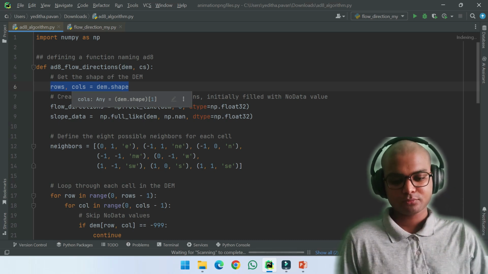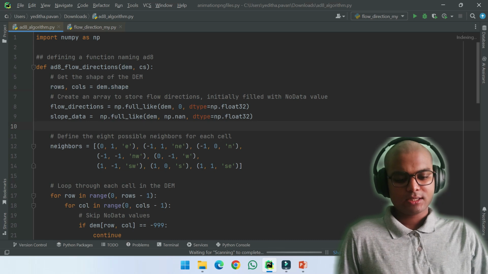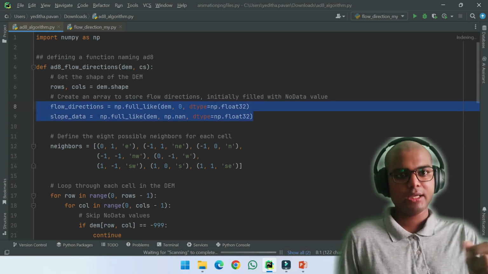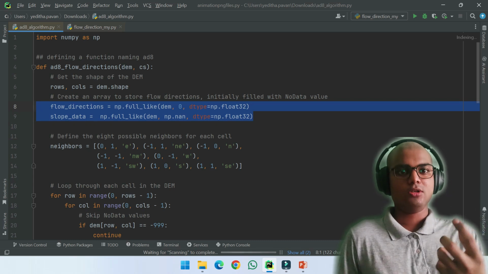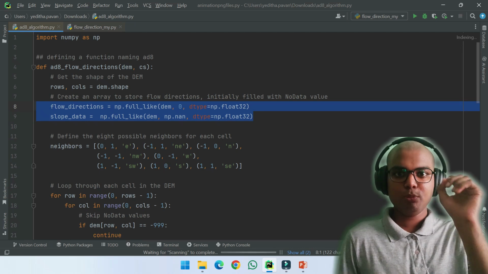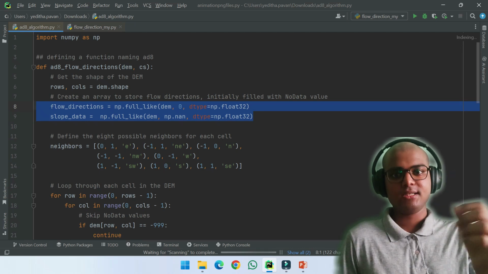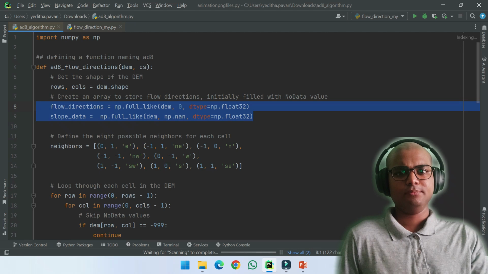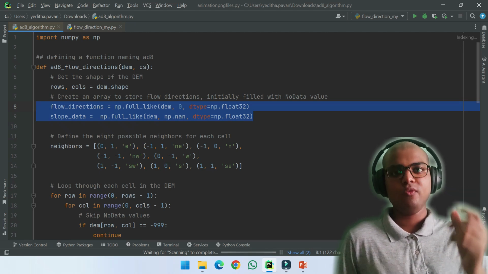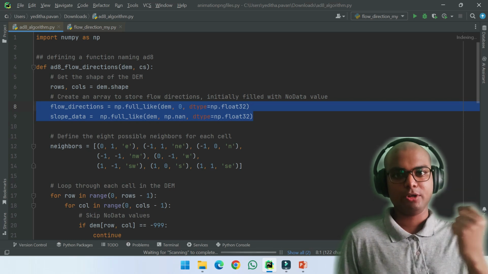So in the next two lines, what I'm doing is creating a null data set, because once I am trying to find the flow directions, I need to be able to fill the data sets with various direction numbers so that I'll know which direction that cell is contributing to.